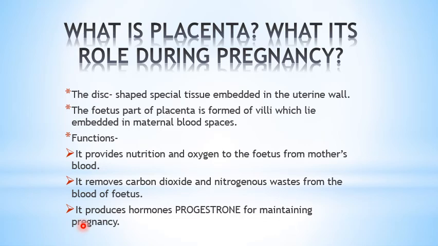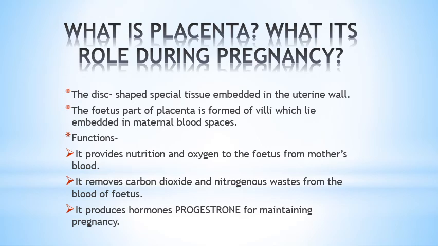The hormone which is required, that is progesterone, is also formed or released by that special tissue known as the placenta. So that is what the placenta is, its role and its function. That is a very important question, your NCERT exercise question 2.